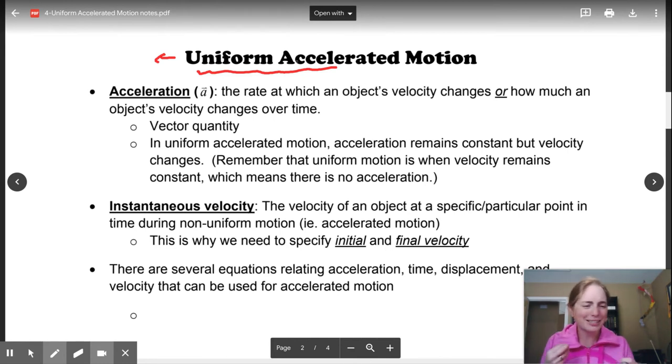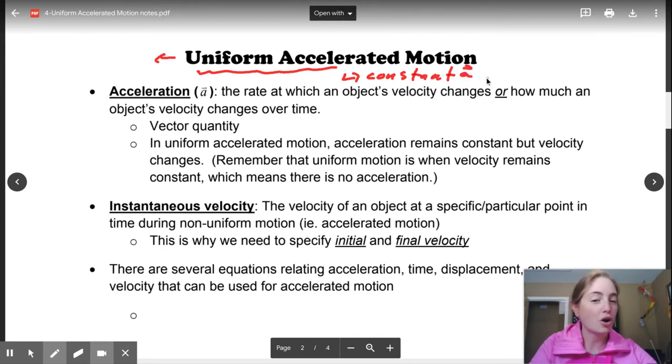Our motion isn't the same anymore. It's accelerating. We're going faster and faster and faster, or decelerating slower and slower and slower. But it's called uniform accelerated because you're going to be speeding up or slowing down at the same rate. So this guy here, ladies and gentlemen, the acceleration is constant.